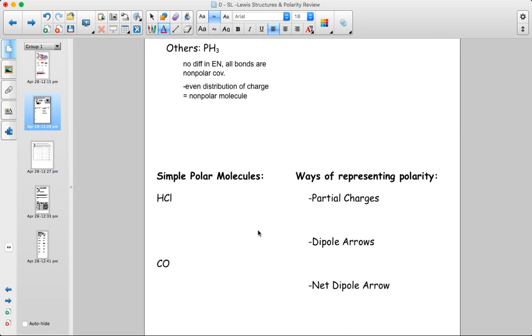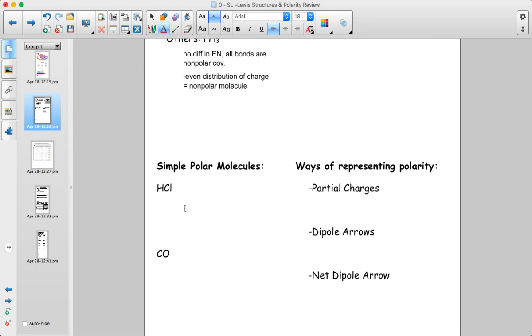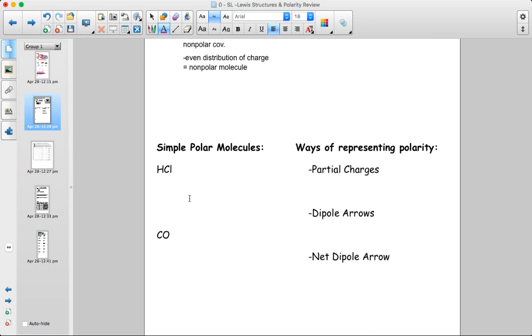There are also some examples, very simple binary two-atom molecules that are very obviously polar. In this case, hydrogen has an electronegativity of 2.2 and chlorine a value of 3.2, making the difference between them 1. That's definitely in the polar covalent range, and therefore we know that the element that pulls more on them, that has the greater electronegativity, will pull the electrons more towards itself.